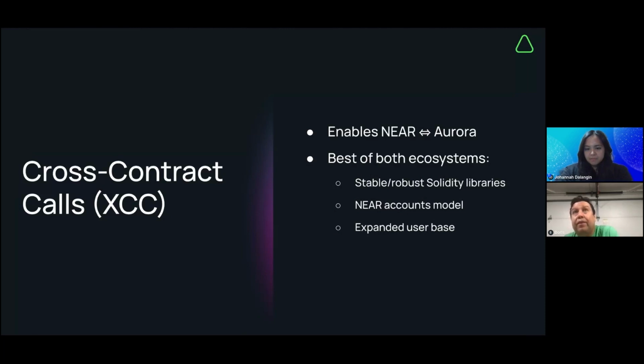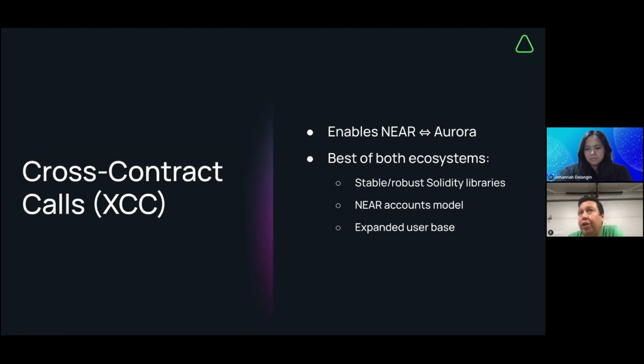So the basic idea of cross contract calls is that you should be able to call Near contracts from an Aurora contract. This means you should be able to call a Rust contract from a Solidity contract in Aurora, or the other way around: call the Aurora contract in Solidity from a Rust contract in Near. This is the reason this exists.